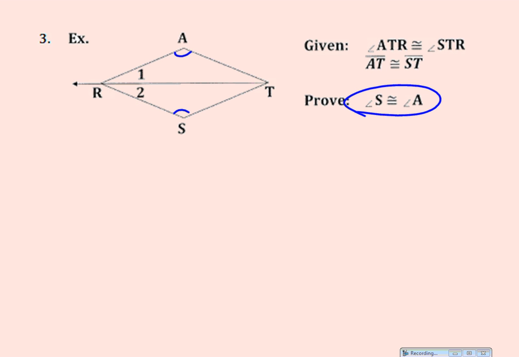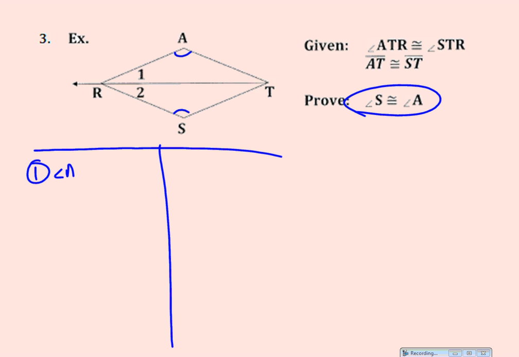So you're given ATR is congruent to STR. They flat out give you that. So write your given statements and then mark it on the picture if you haven't done so already, if they haven't done so already.